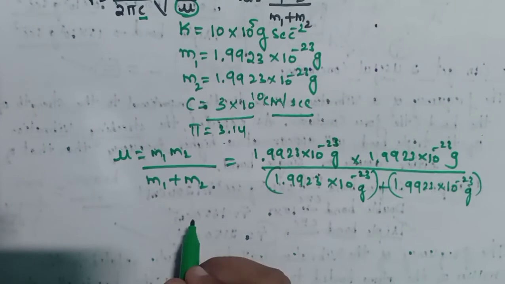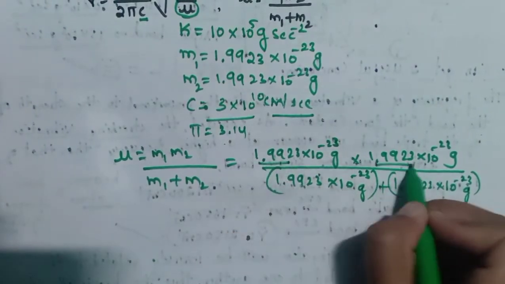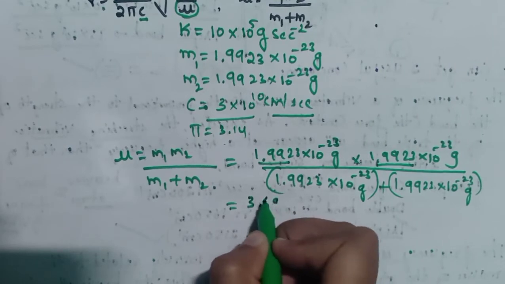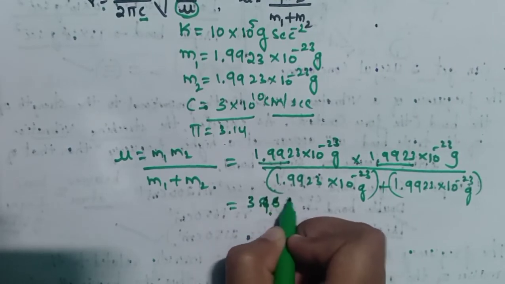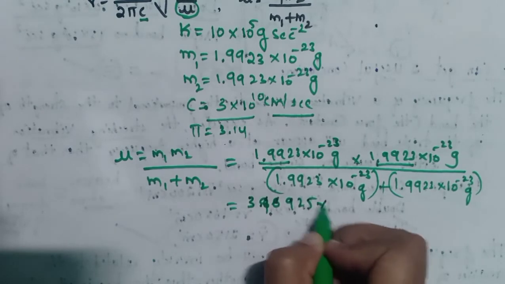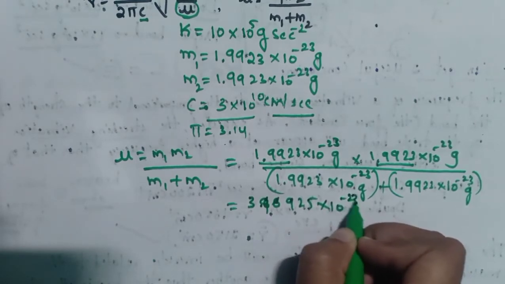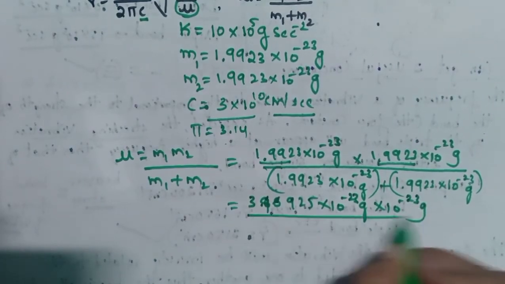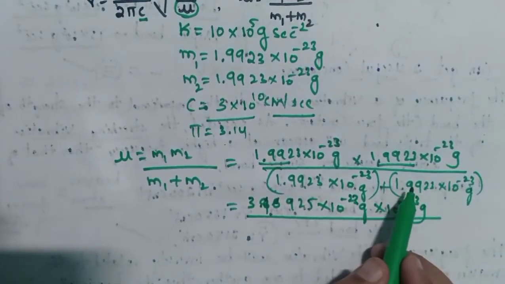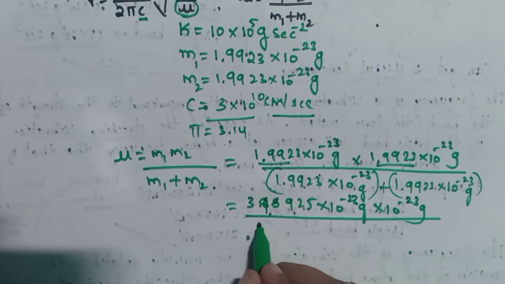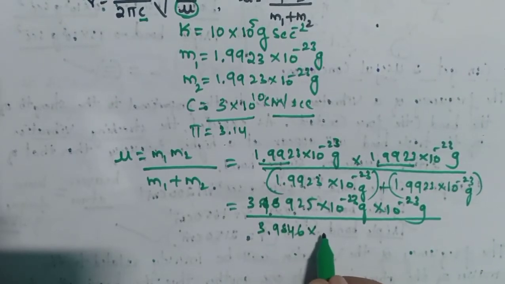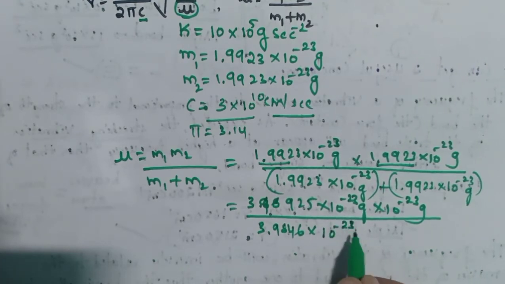Now if I multiply these, I will get 3.96925 × 10⁻²³ grams × 10⁻²³ grams, divided by, if I add these two, 3.9846 × 10⁻²³ grams.